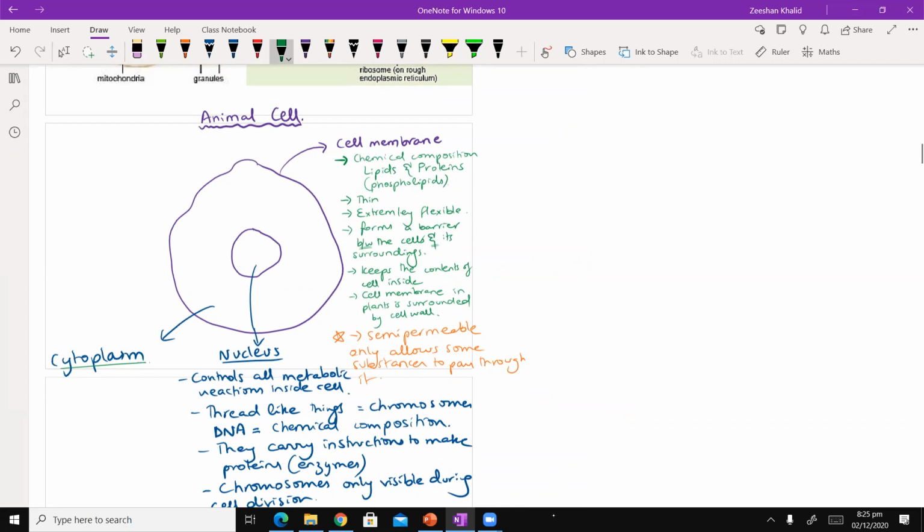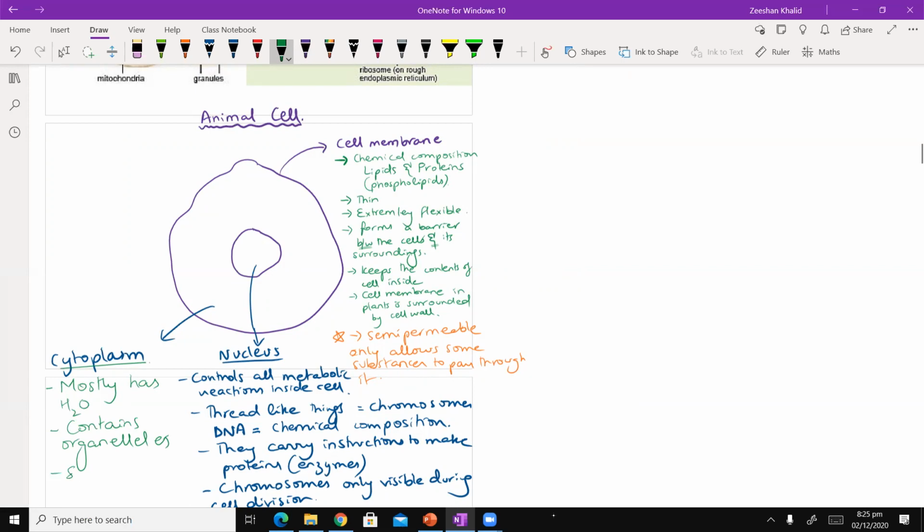So it mostly contains water, okay? And then it contains organelles. This is very important. What are organelles? All the things we will see inside, like mitochondria and all of that stuff, chloroplast in case of plant cells, all of them are known as organelles, okay?